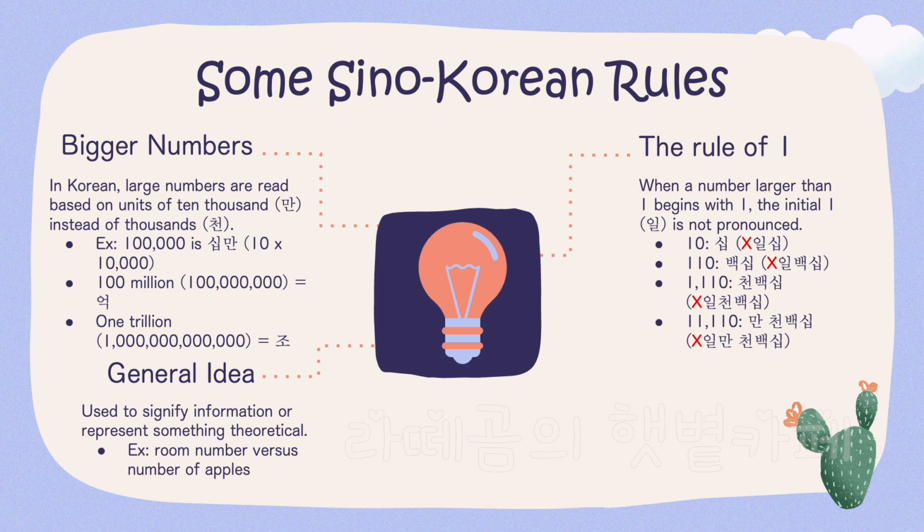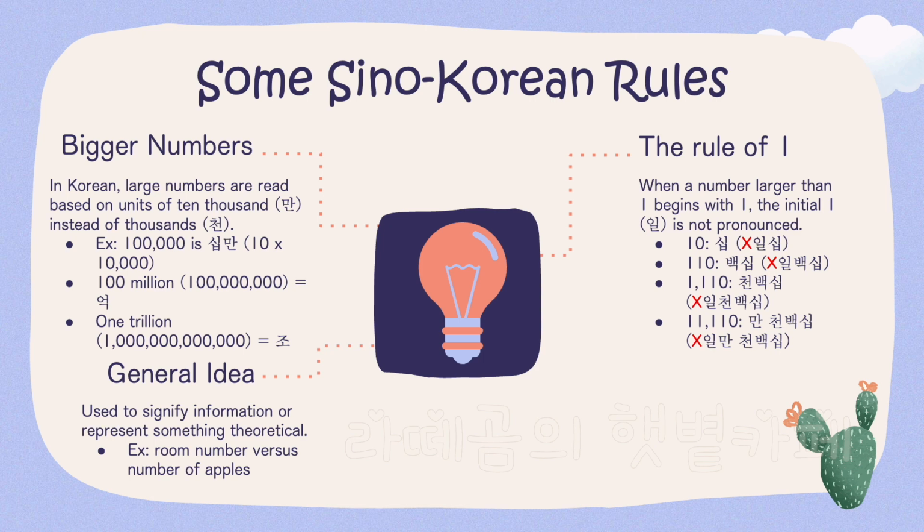Rule number 2, when a number larger than 1 begins with a 1, the initial 1 is not pronounced. So we have some examples here. 10 is 십. It is not 일십. We have 110. It is just 백십. It is not 일백십.